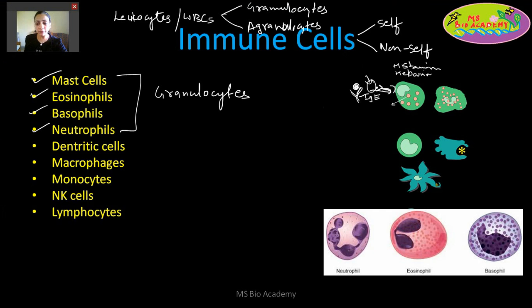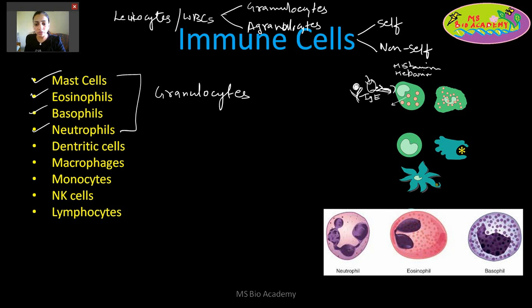These three categories of cells have been characterized depending on how they stain with different staining dyes. Neutrophils generally stain neutral with the staining dye, so that's why the name neutrophil has been given. They are also distinguished by the different lobes of nucleus present in them.